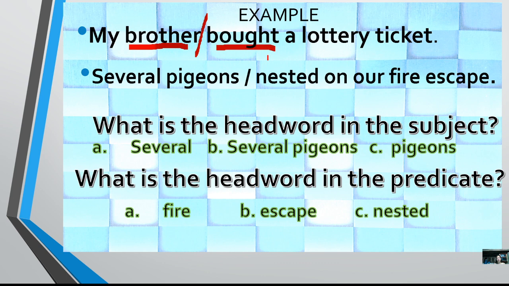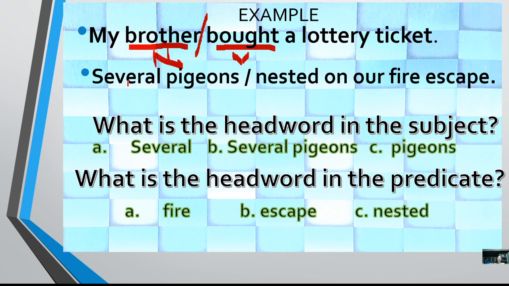So if you can see here, brother is a more important word than my, and bought is the most important word under the predicate part. So brother, as you can see here, is a noun, letter N. And bought is letter V, and that is now your verb.